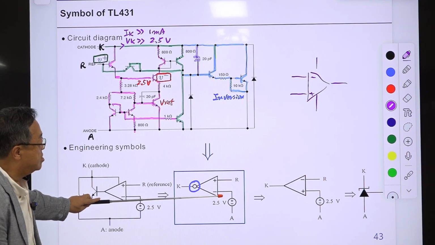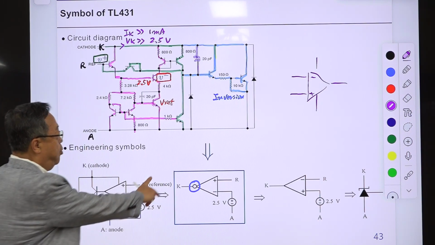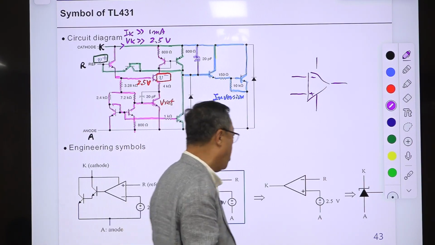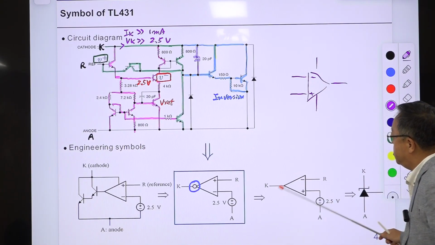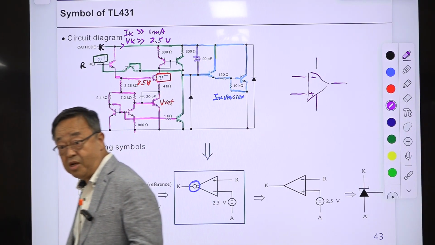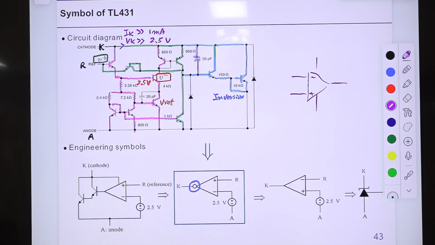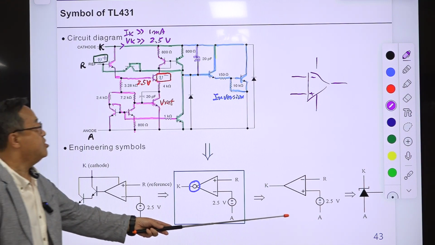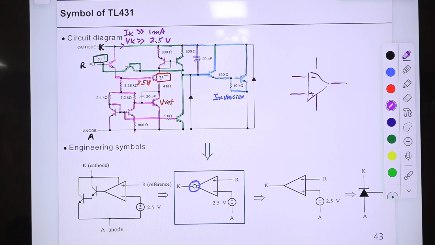Using this symbol with the inversion, the polarity of these two terminals is swapped, and then it is the same as the operational amplifier symbol. This is simplified to this because of the presence of the reference voltage. It's a very strange symbol, and some people think there is a Zener diode, which is true only for one special connection. But usually this is the correct notation for the TL431 operational transconductance amplifier.